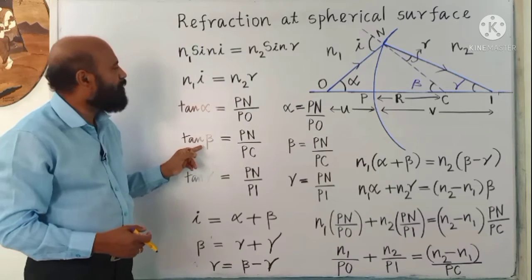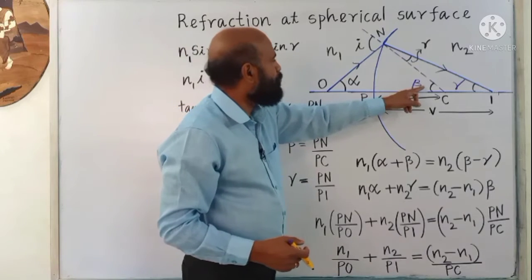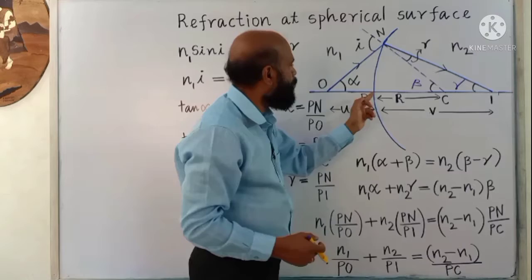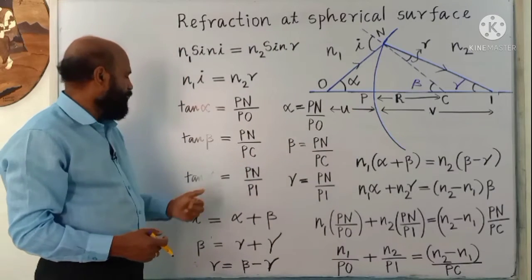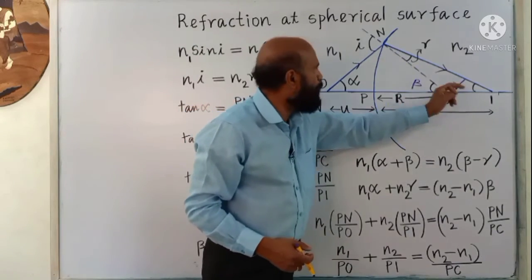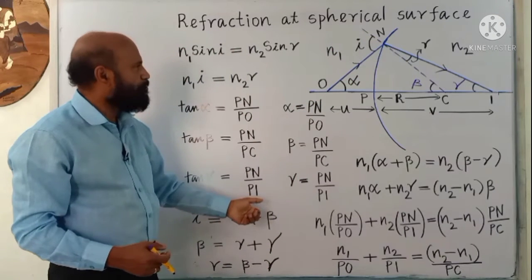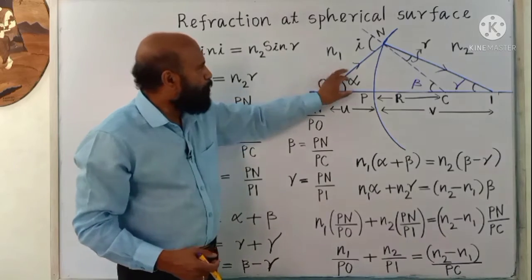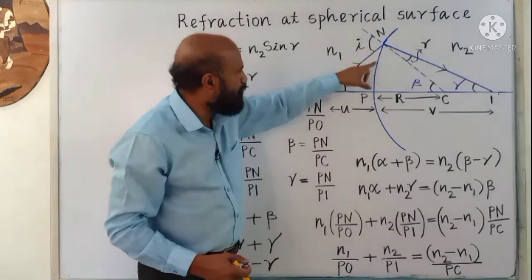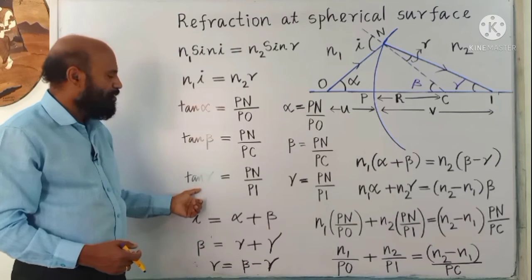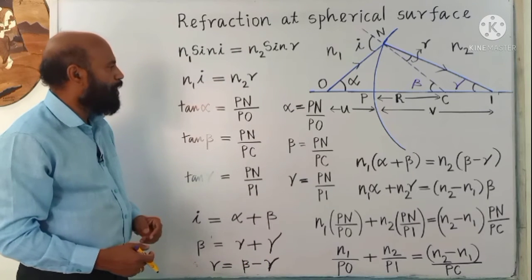Then tan beta is PN by PC. Tan gamma is PN by PI. Since the angle is very small, this can be treated as a triangle.